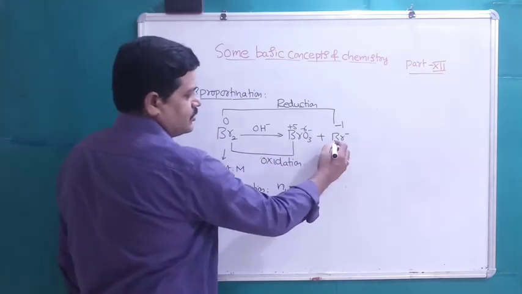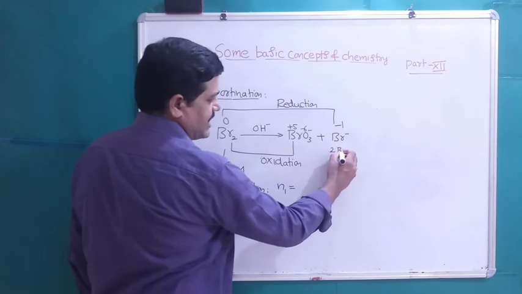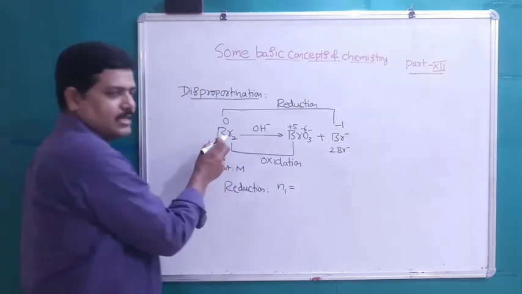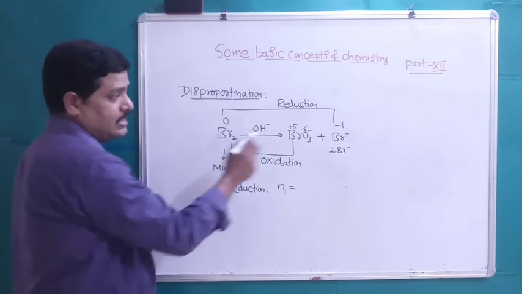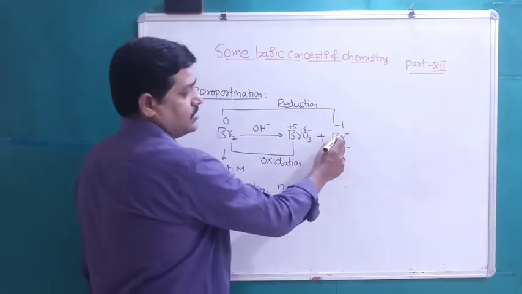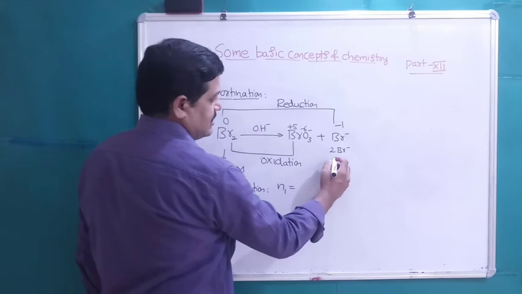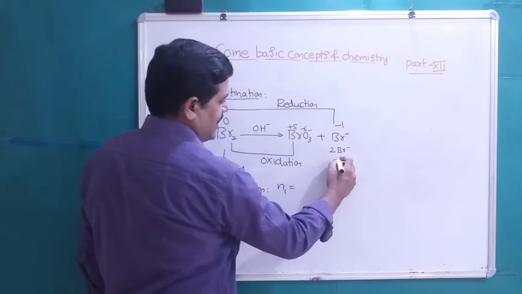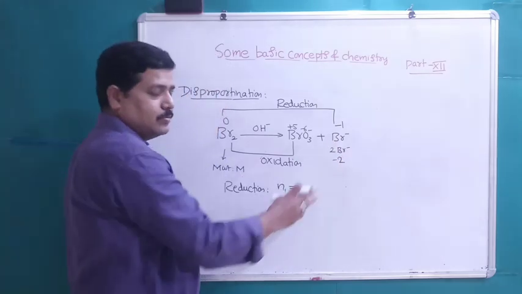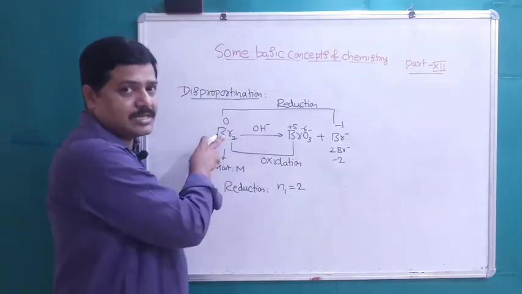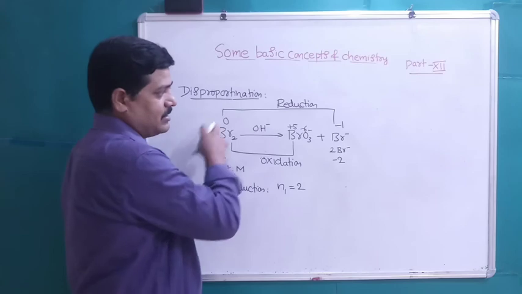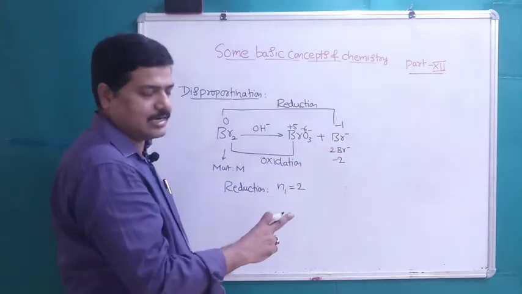If it is a 2 Br minus it is present, because in this Br2 we have 2 bromine atoms, right? Then we need to calculate for the 2 Br minus, then the oxidation state will be -2, right, for 2 Br. So N1 is equal to 2. How many atoms are there in this particular molecule? For that many atoms we need to calculate that, right?